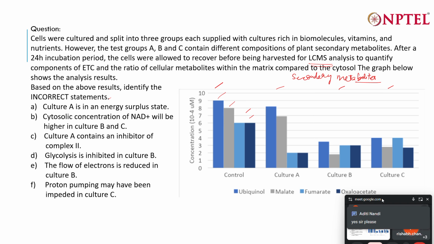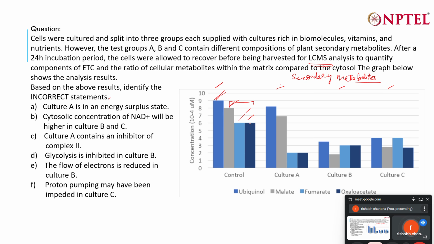So, as the question says, there are three inhibitor secondary metabolites in which the different cultures are grown. Now, as we see in the control group, of the four molecules, ubiquinol is highest, then malate, fumarate, and oxaloacetate. These three molecules are involved in the Krebs cycle, and ubiquinol is involved in the electron transport chain.